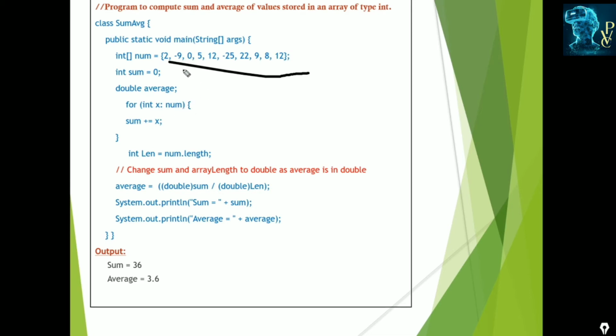So one by one we add x to the sum. First sum is 0, and next it traverses x, num of 0, that is 2. 0 plus 2, sum becomes 2. Next element is minus 9. 2 minus 9, like this the whole elements are summed and stored into the variable sum.